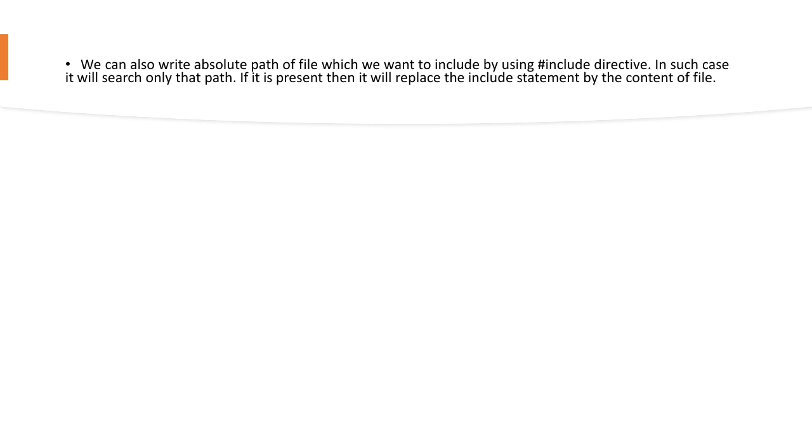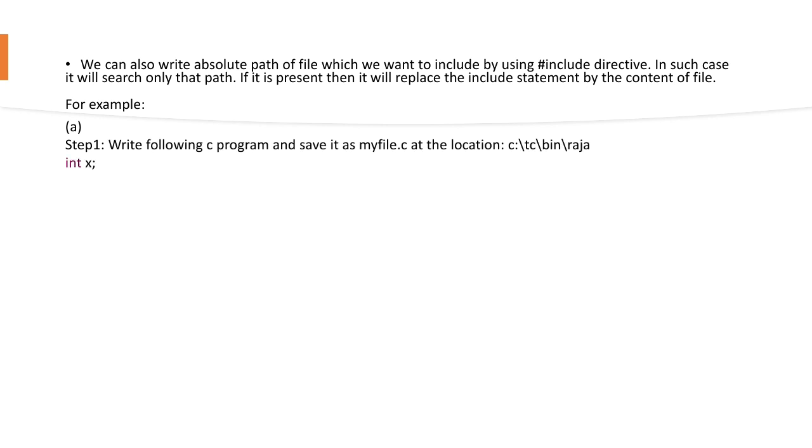For example, in step 1, write the following C program and save it as myfile.c or any name you want: tc/bin/raja, int max of int a and b with the ternary operator. Step 2, compile myfile.c.